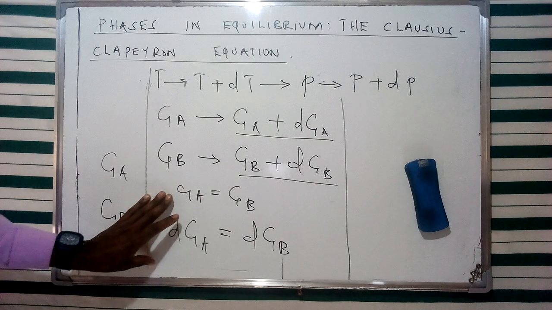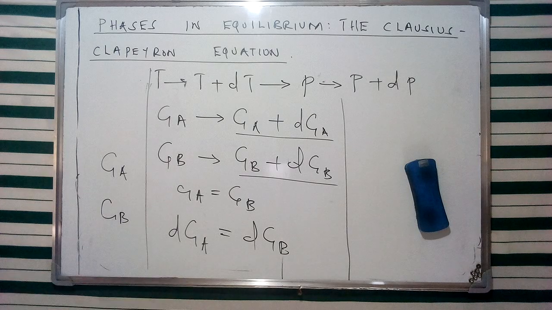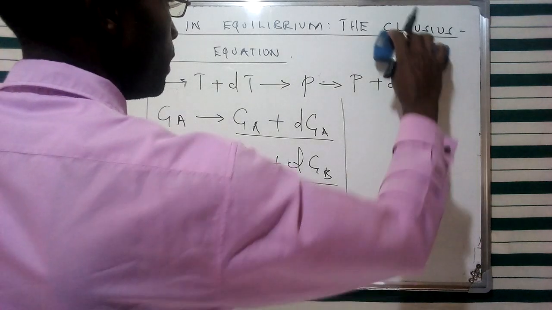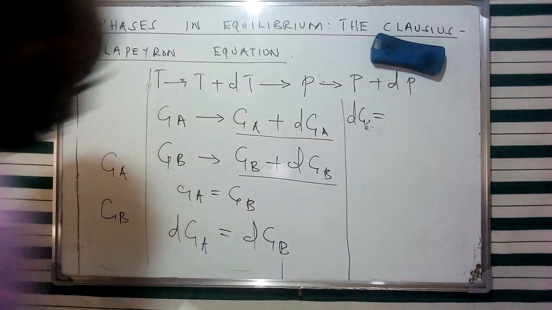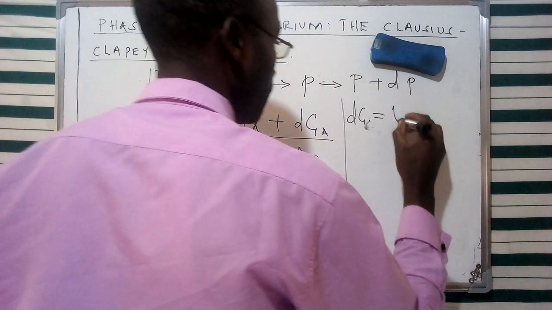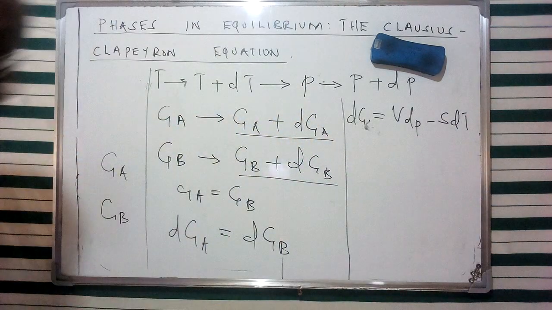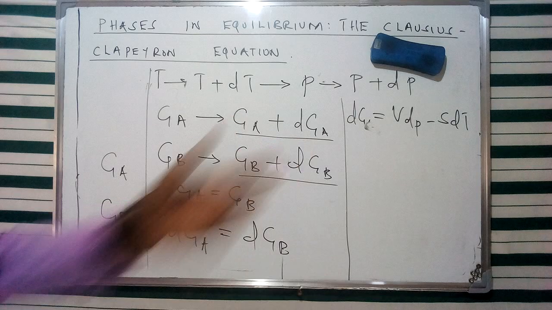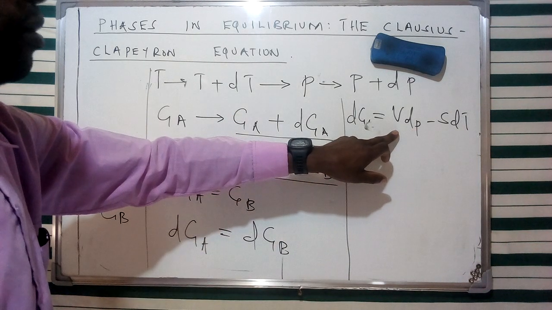Now we had talked about the representation of Gibbs free energy in our last discussion, whereby dG in general is given as V dP minus S dT, whereby S is going to imply entropy, and V is going to imply volume.